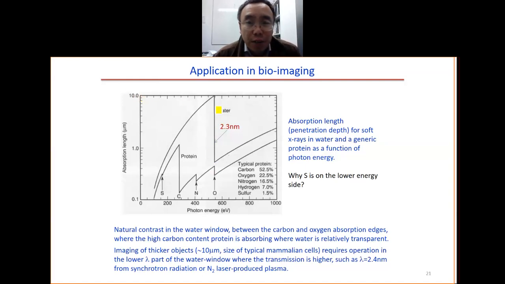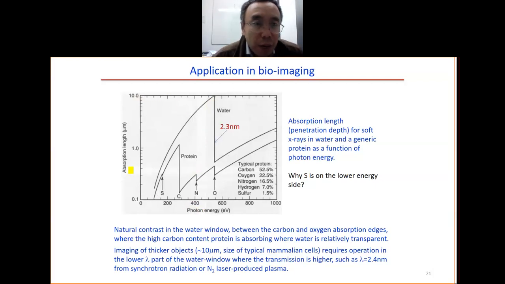A typical cell is less than 10 micrometer. So the water will be transparent, but the protein will block the X-ray. As a result, we get the contrast of the cell in the water environment if the water is on the order of less than 10 micrometer.